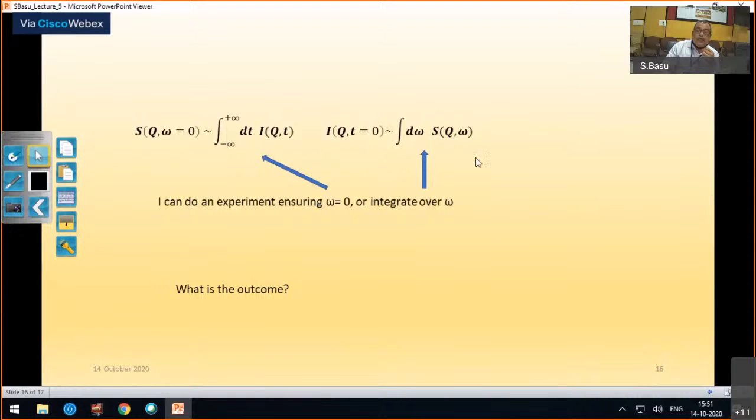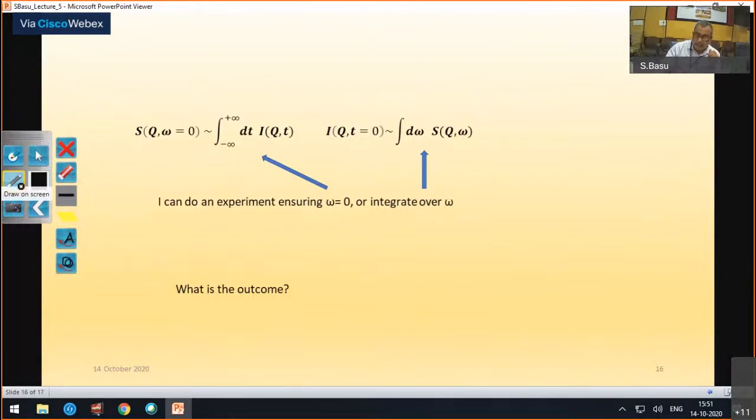These are two different experiments. But what it says, I can do an experiment where I ensure that the energy transfer is zero. How? I take an incoming neutron of some energy, of some wavelength.